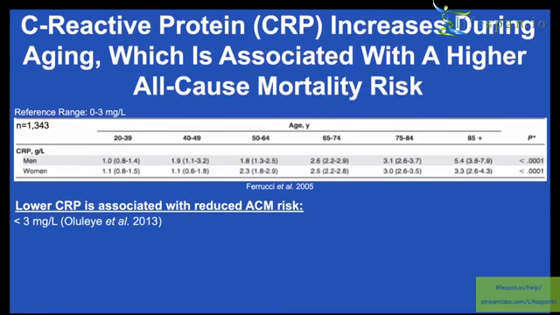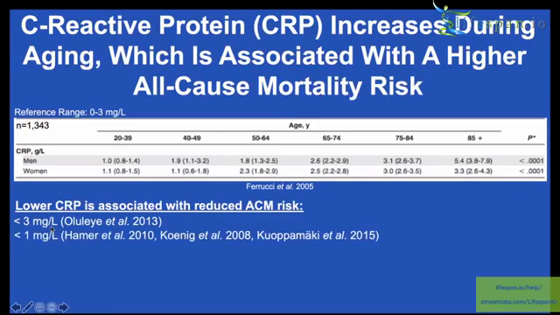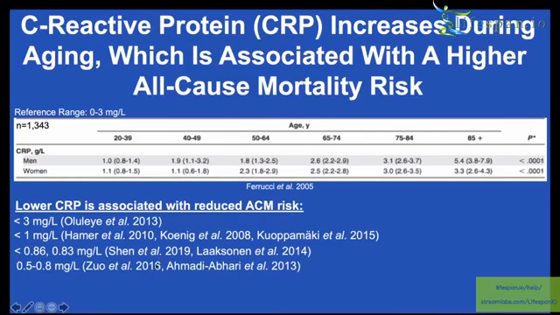So lower CRP, lower than 3, is associated with a lower all-cause mortality risk. Can we go lower? So in 3 studies, less than 1 milligram per liter was associated with reduced all-cause mortality risk, ACM risk. How about lower than that? Well, in these 2 studies, 0.86 and 0.83 milligrams per liter. And we can go even further.